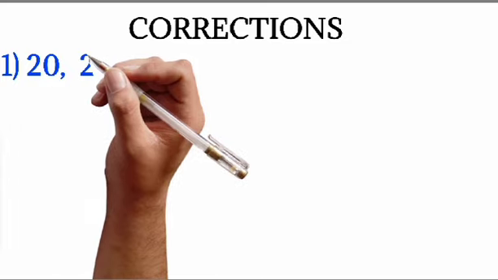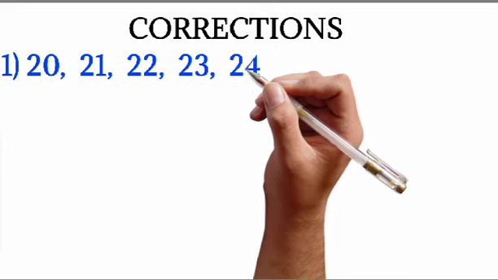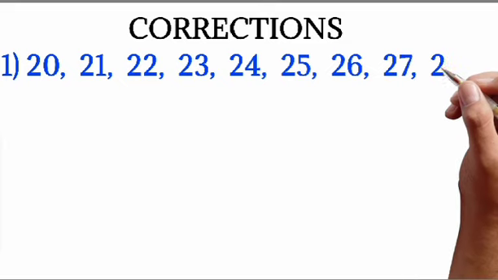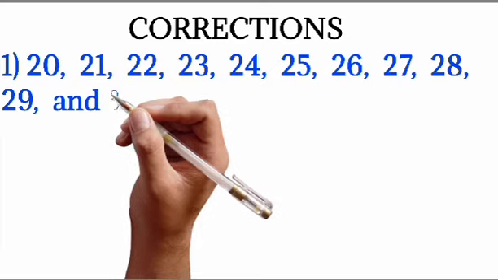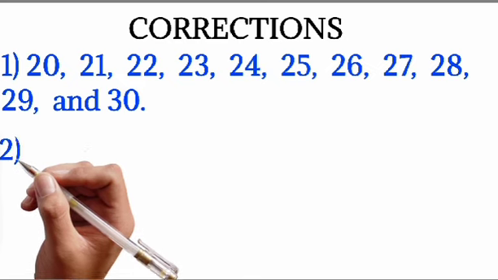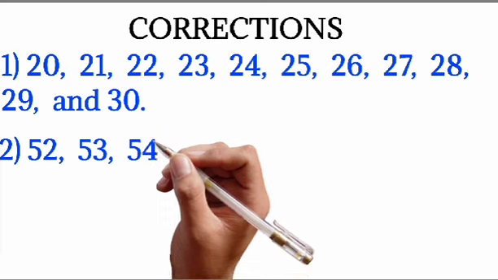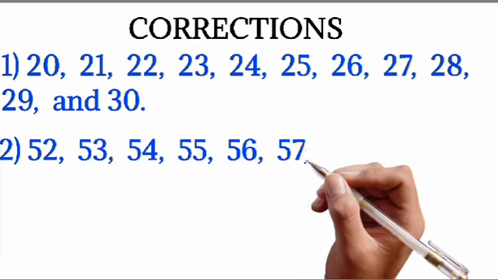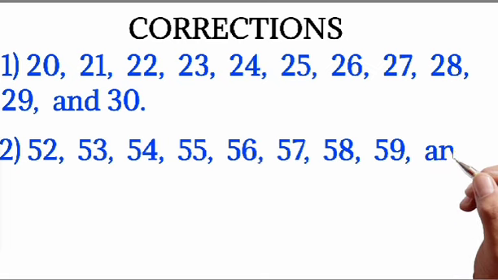So we're going to count forward 20, 21, 22, 23, 24, 25, 26, 27, 28, 29, and 30, because that's where they ask us to stop. Number 2, we are starting with 52, 53, 54, 55, 56, 57, 58, 59, and we have our 60.